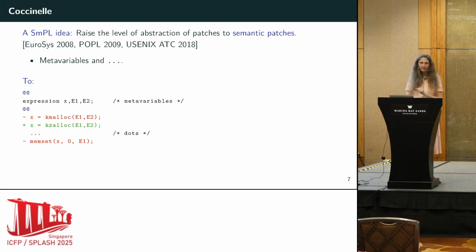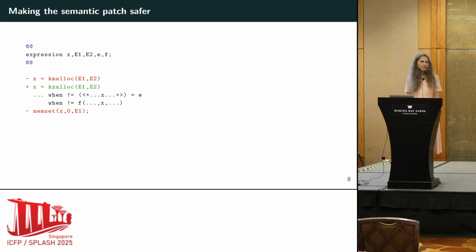But if you think about it a little bit, this is not completely safe because we don't actually know what's going on in that region. So there's a little bit of extra syntax. We really did not want to stray too much from the C syntax, but here we were forced to do that to give a little bit more expressiveness, a little bit more chance of correctness.